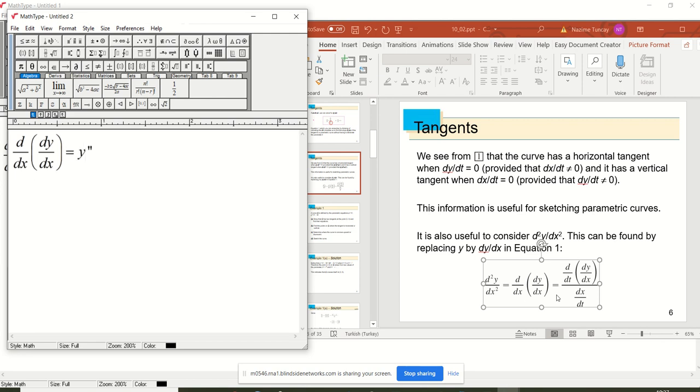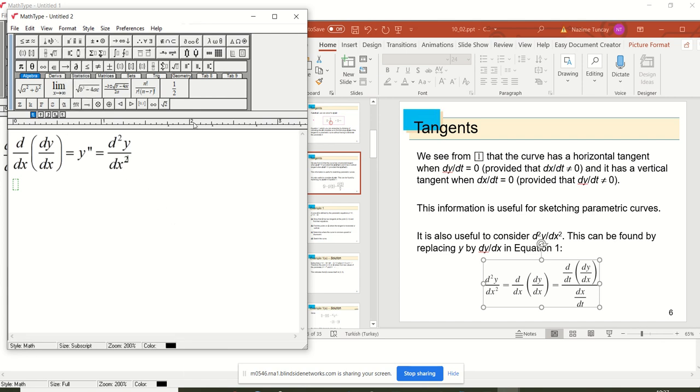We were referring to it like y double dash also. We have different representations of them. Here we can say d to the power 2 y over dx to the power 2.